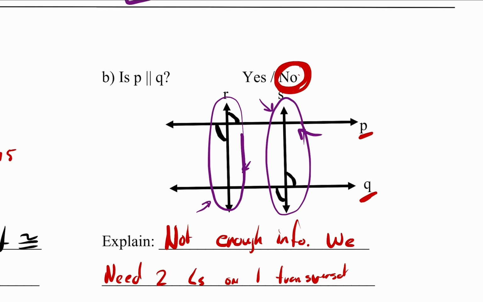Because I don't know anything about those angles, I can't say anything about it. So in reality, we can't even say no. We would have to say, maybe? Question mark? All right, does that make sense, guys? If not, leave a comment, ask me in class, do whatever we need to do.